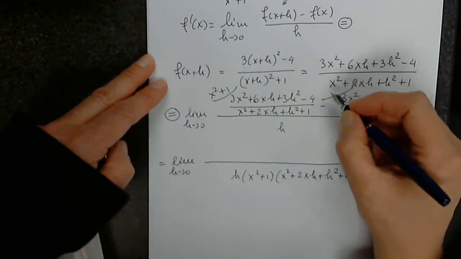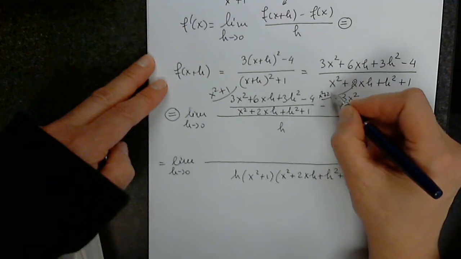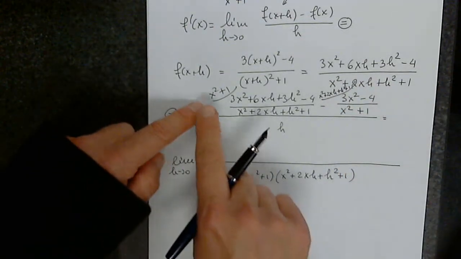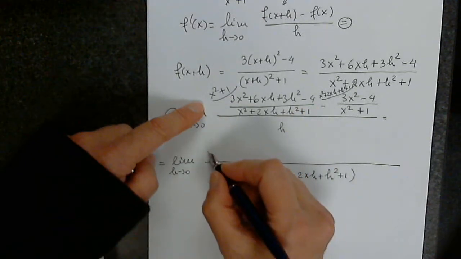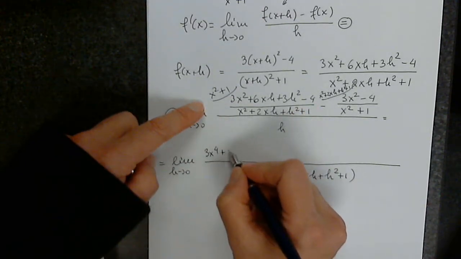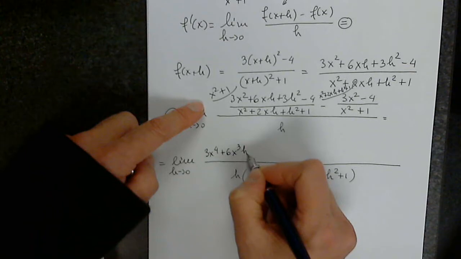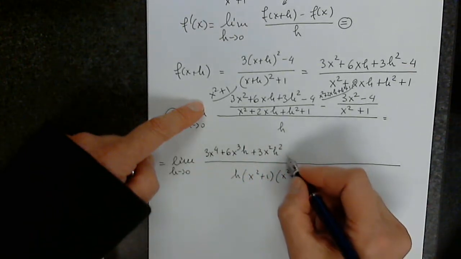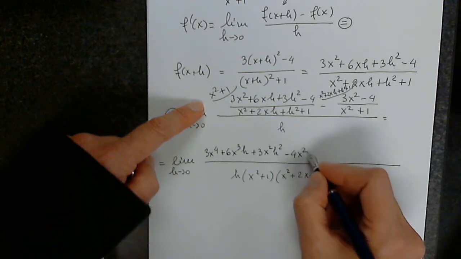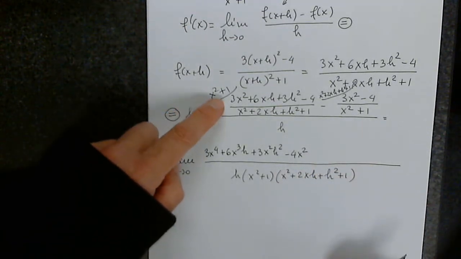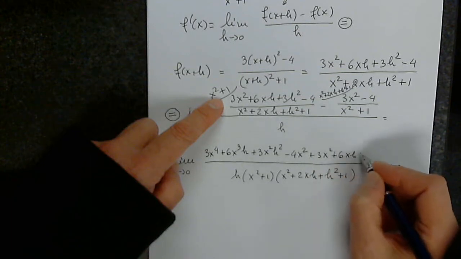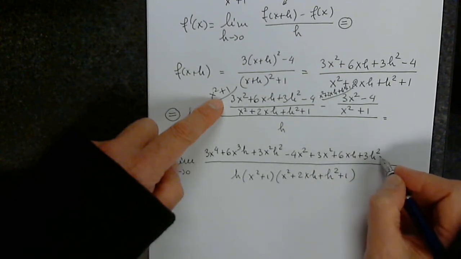Okay, x squared with all these: 3x to the 4th plus 6x cubed h plus 3x squared h squared minus 4x squared plus 3x squared plus 6xh plus 3h squared minus 4.